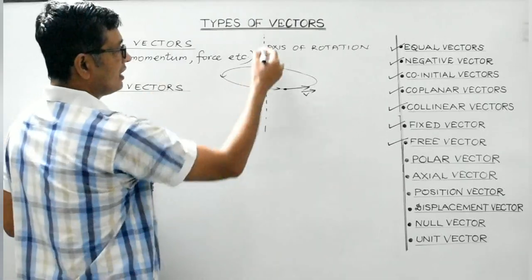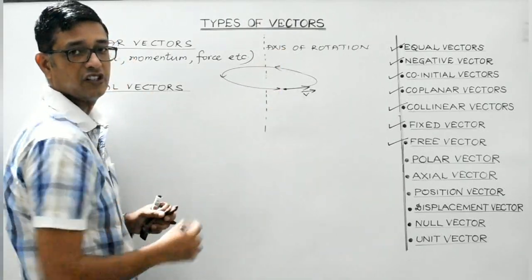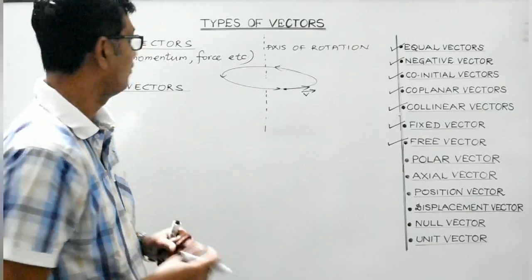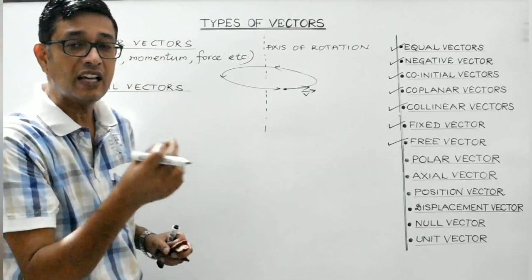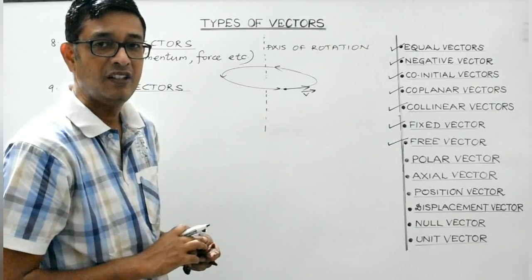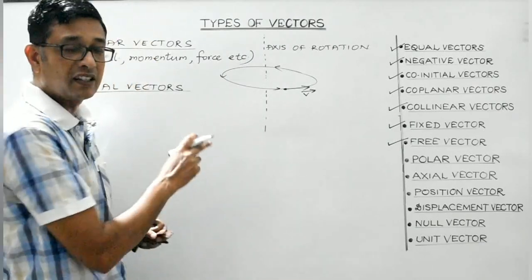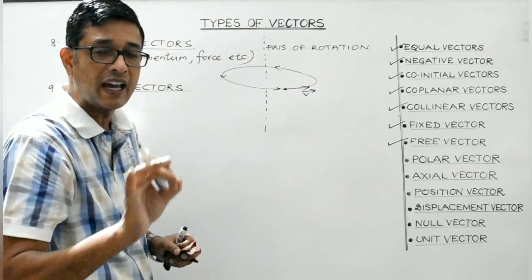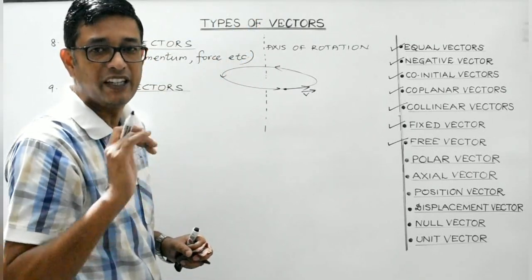So axial vectors act along the axis of rotation. They don't have any point of application. While on the other hand, polar vectors do have a point of application. But axial vectors which act along the axis of the rotation do not have any point of application.